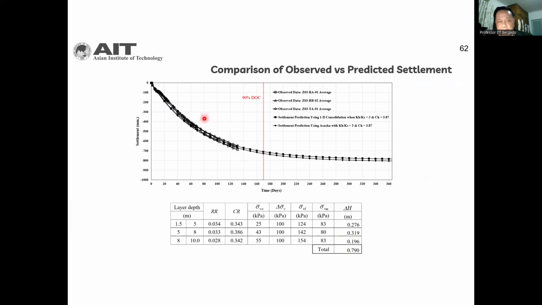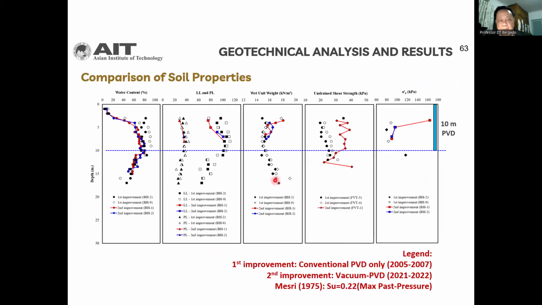So there it is. This is now the final one, the observed versus predicted, calculated settlements, and the properties before and after. You can see the colored one is the after improvement, and there is a reduction of water content. The Atterberg limits not much change.